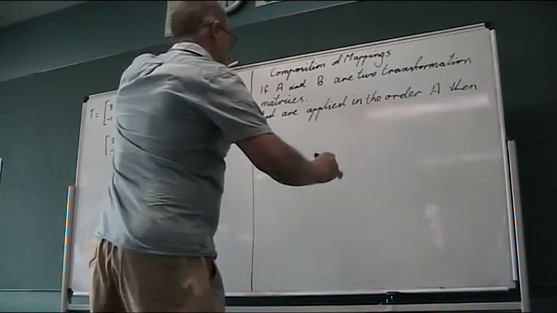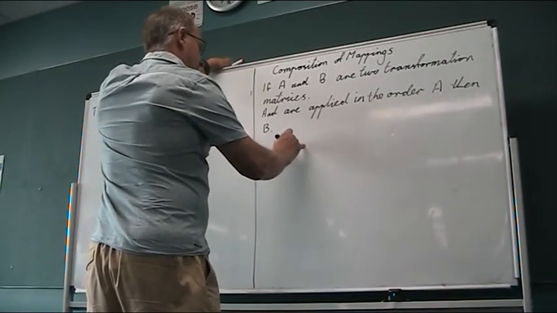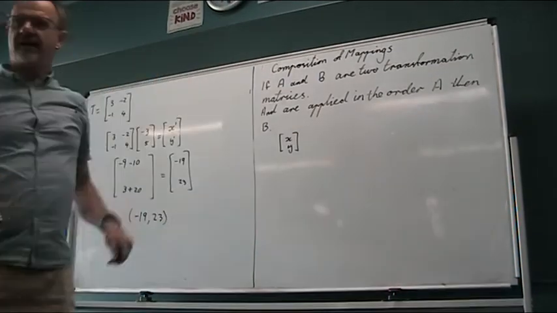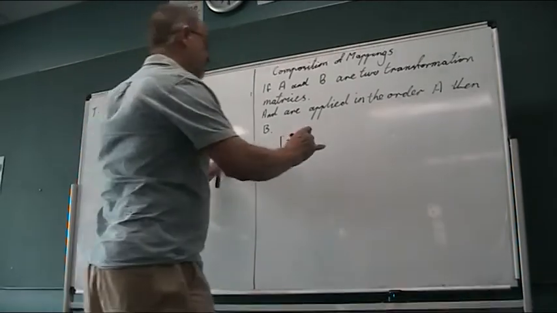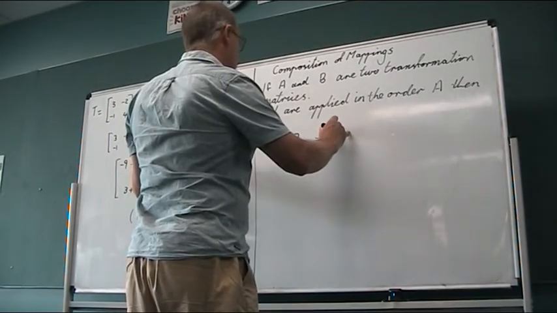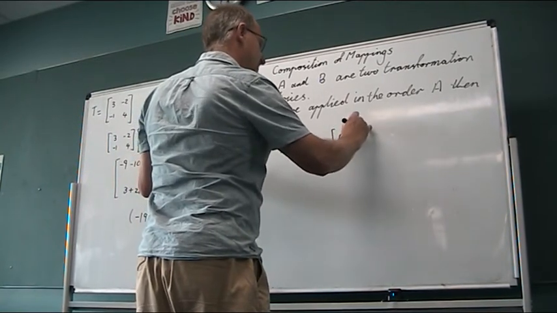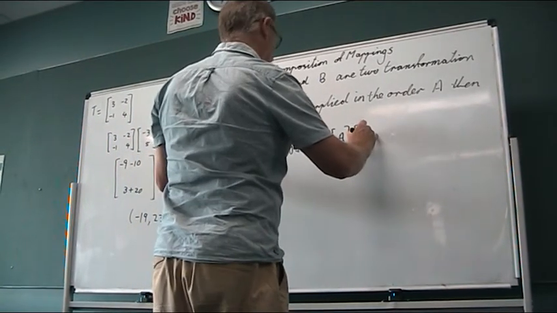so what we've got is our normal x and our y, and our first transformation is to multiply it by A to get that transformation.